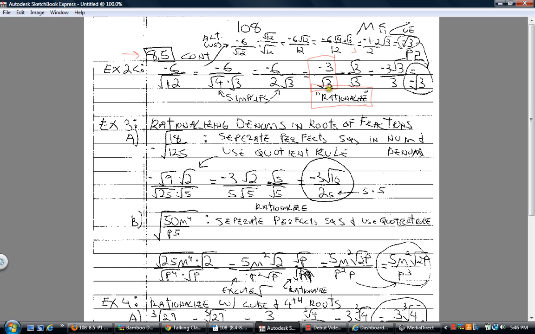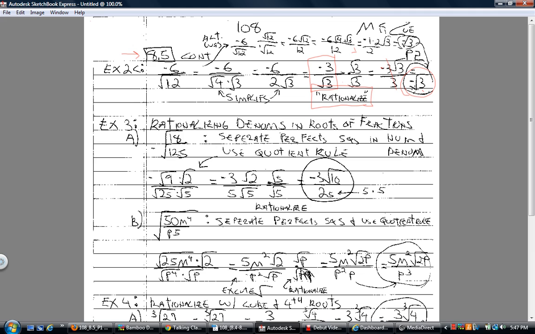So what you realize quickly is when you multiply a radical by itself, the radicand just comes out. Up here we've got 3 times the square root of 3 with the negative, and then finally 3 over 3 cancels out and you're left with negative square root of 3 as your answer. Okay, so far so good.